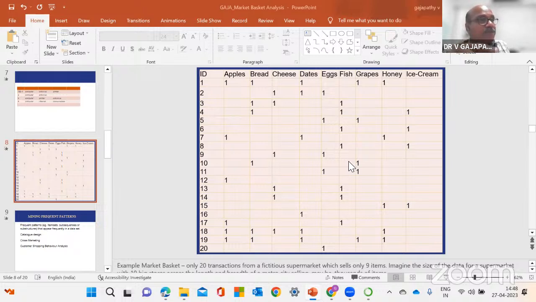This order may also be changed. But I'm not starting from apple, bread, cheese, dates. It is not continuously going. The order may be changed.